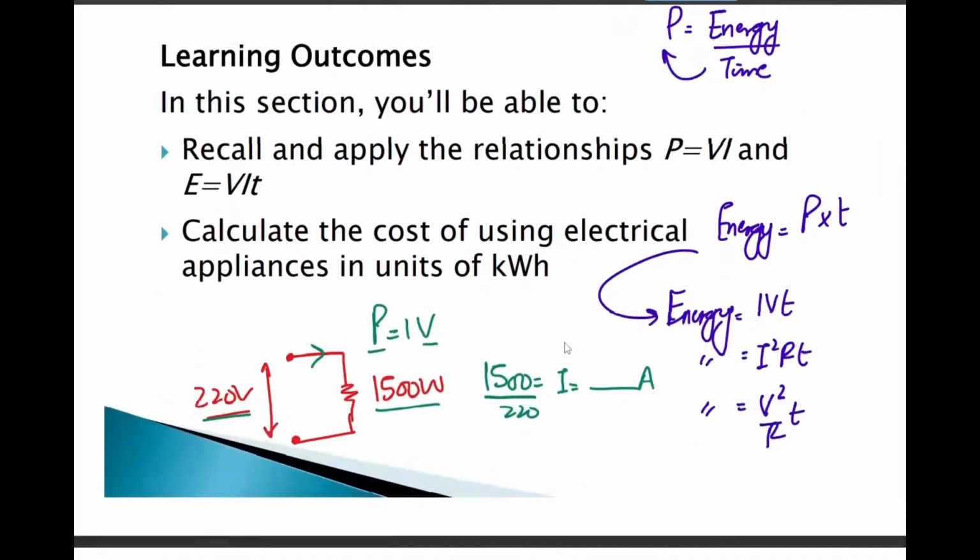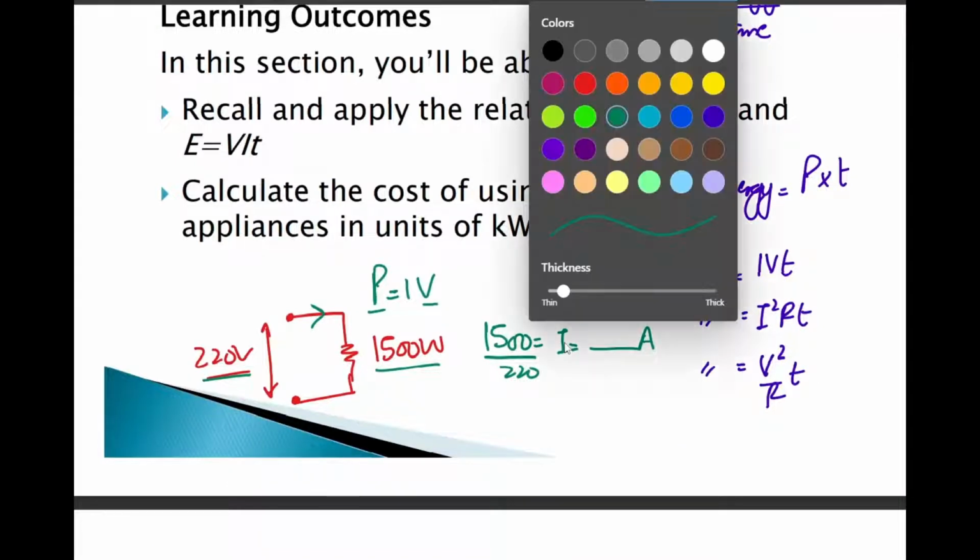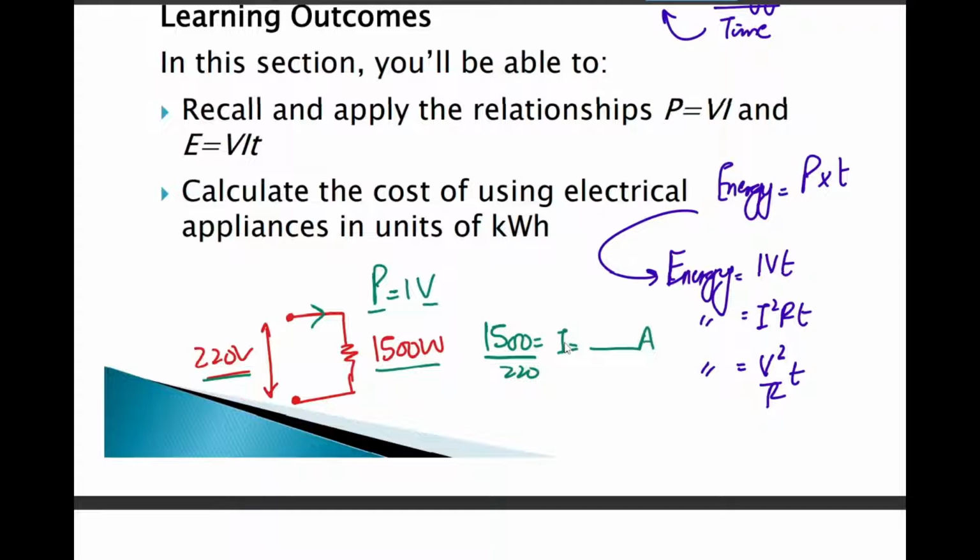Understood. Okay, so now we're going to introduce a new unit of electrical energy. Previously, the energy's unit was simply joules. The problem with this unit is that when you use it for electrical appliances, the answers become so large that they are inconvenient to deal with. Just imagine the energy consumption of a full house using, let's say, 5000 watts, with a running air conditioner, a washing machine, a TV, a laptop, and a few things on charging.